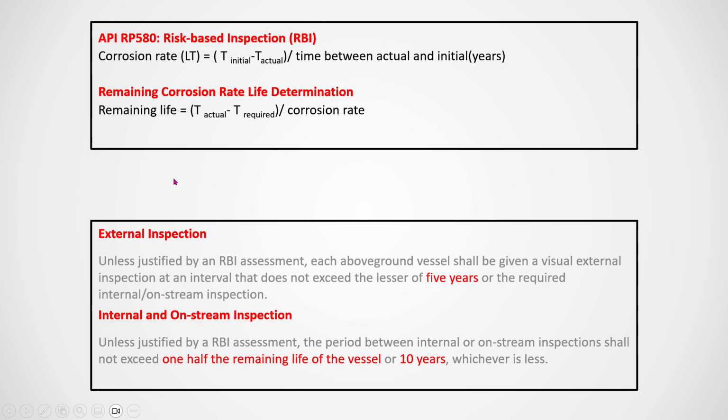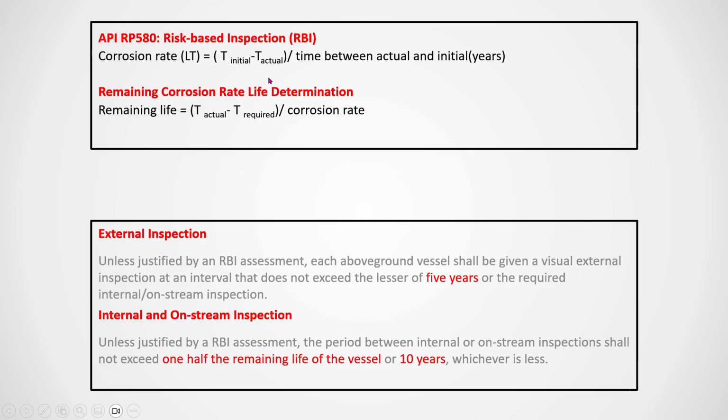Then another procedure, another inspection requirement, is API RP 580, that is called RBI, risk-based inspection. In this inspection you have to find out the corrosion rate. You know the initial thickness, and when you measure the thickness after 5 years, you get the actual thickness.